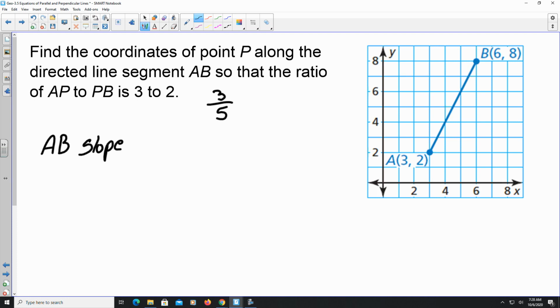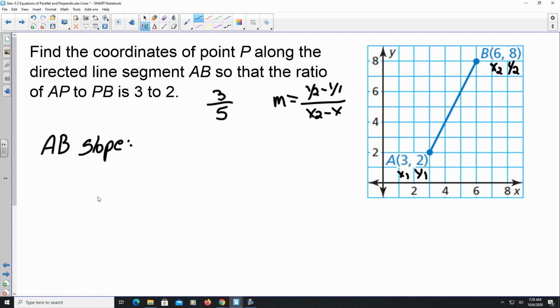AB. If you don't remember the slope formula, it's y2 minus y1 over x2 minus x1. This is your x1, this is your y1, x2, y2. Plug that into the formula.